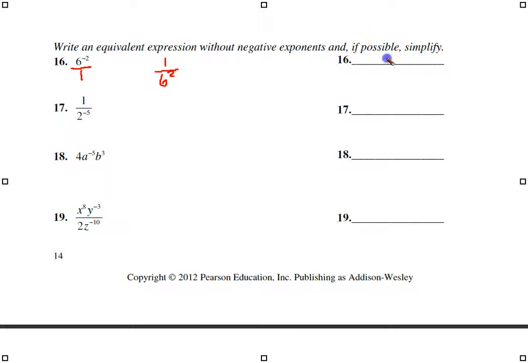So this becomes 1 over 36. This now becomes, as I move that up over the division bar, 2 to the +5th, and 2 to the 5th is 32.